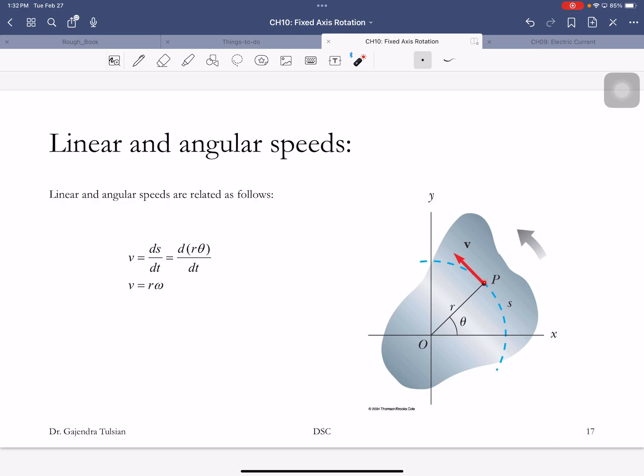We're going to relate the linear speed of this point to the angular speed of this object. The faster you're rotating, the faster this thing is moving, and the further out you are, the faster you're moving. So the linear speed of this point is r, the distance from the axis of rotation, times omega, the angular velocity.